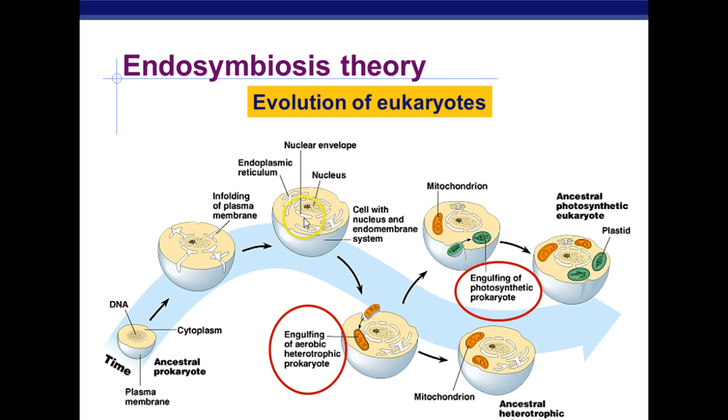So now here you see a nuclear envelope forming. So we've gone from a prokaryote that has no nucleus. Now over time it's gotten bigger, you can see it's gotten bigger, and it does more. So therefore its genome has expanded, probably now has chromosomes, and those chromosomes need to have a nucleus in order to house them.